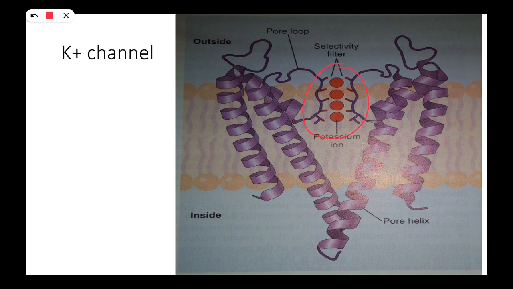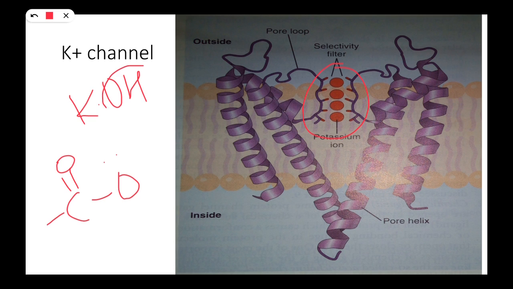This selectivity filter has carbonyl oxygens, and when hydrated potassium ions come into the selectivity filter, the water molecules are removed, reacting with these carbonyl oxygens, and only dehydrated potassium ions are allowed to pass through this selectivity filter, right?